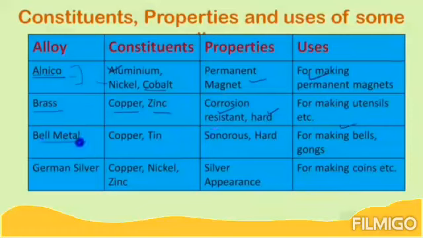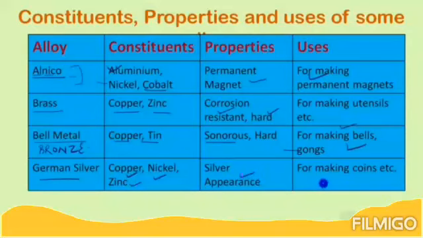Bell metal, made up of copper and tin. It is also known as bronze. It is sonorous, hard and is used for making bells, gongs, etc. Next is German silver, made up of copper, nickel and zinc.